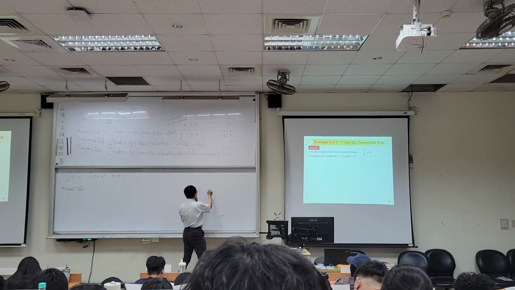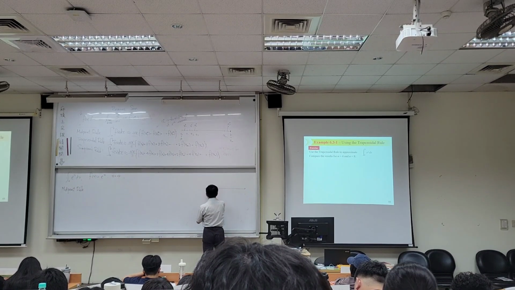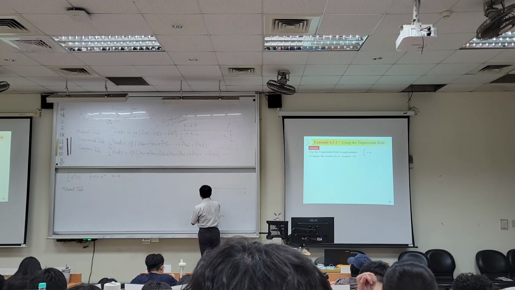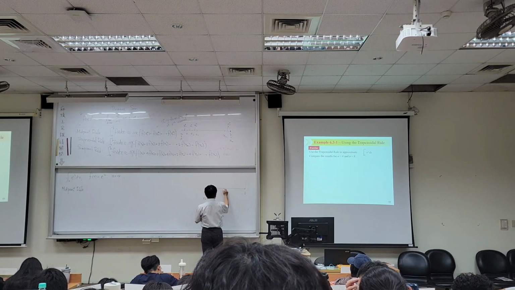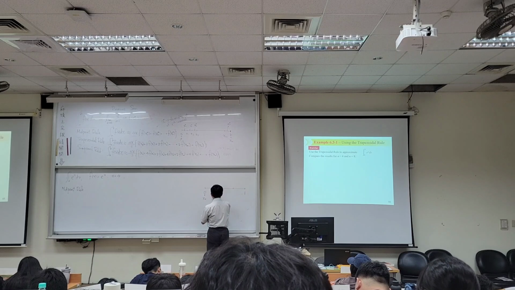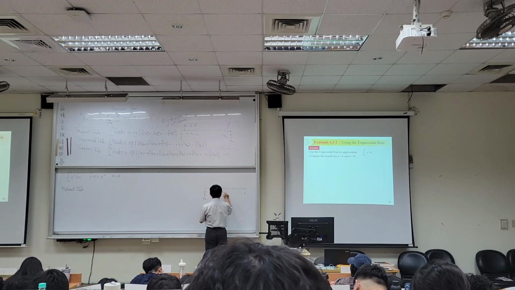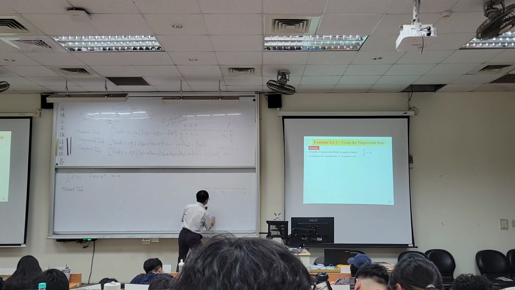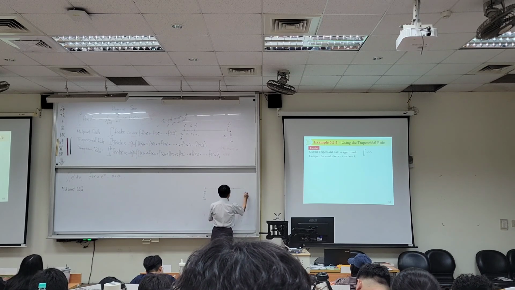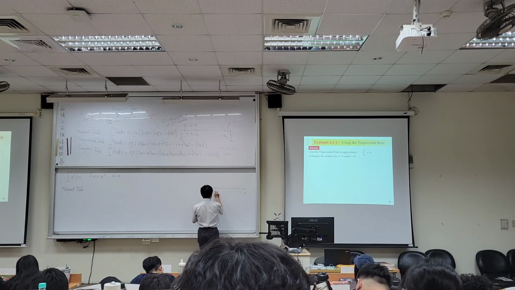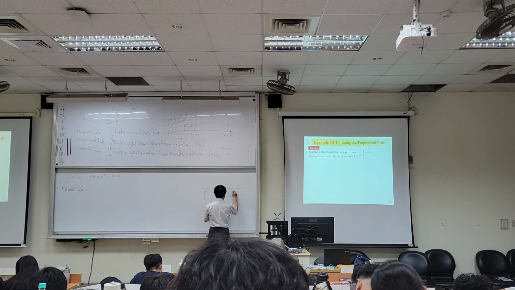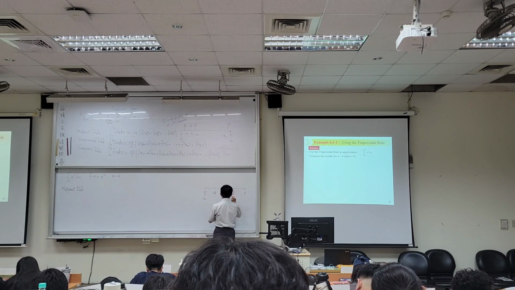For the midpoint rule, you need to find the midpoint for each interval. So from 0 to 1, this is x0, x1, x2. 1 is the 1 quarter, 1 half, and that's the 3 quarter.